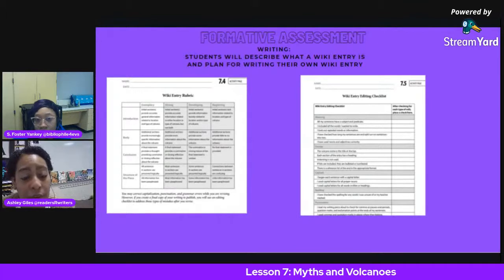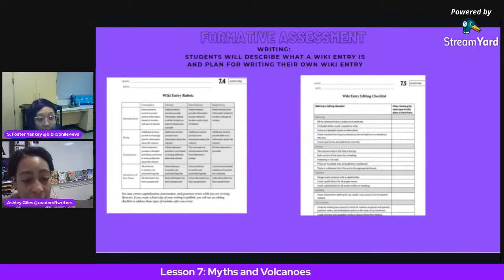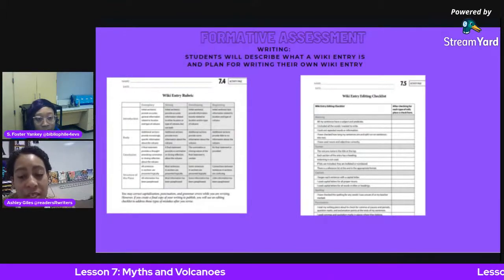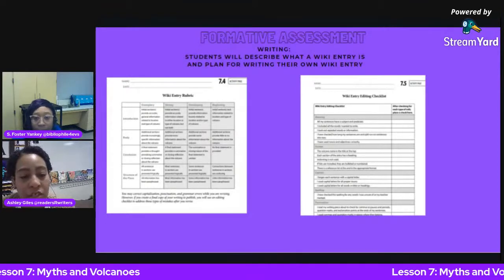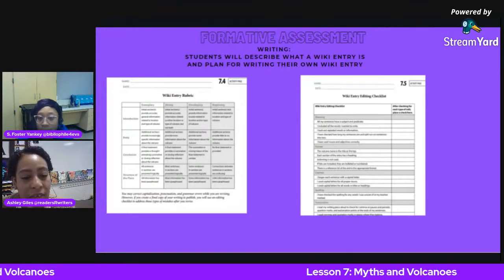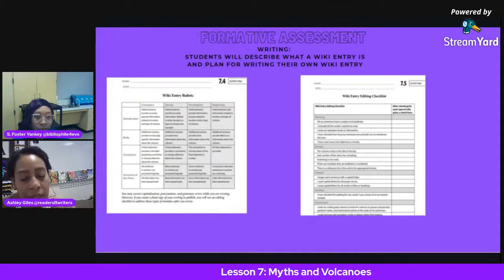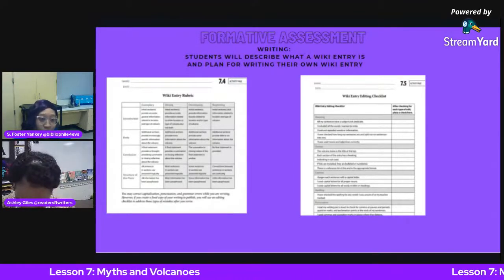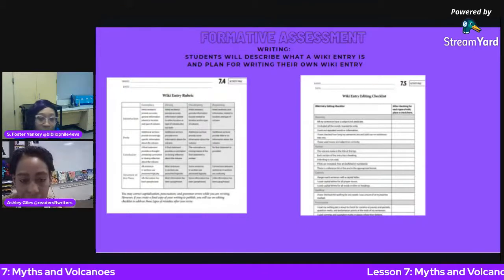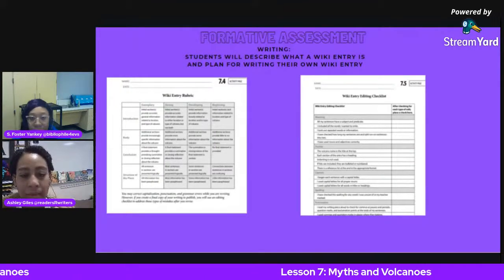We know a rubric is how you're graded, and the checklist helps the student draft their ideas and get their thoughts out on paper for their wiki entry. So in this lesson, the teacher is introducing how they're going to be assessed. Absolutely.